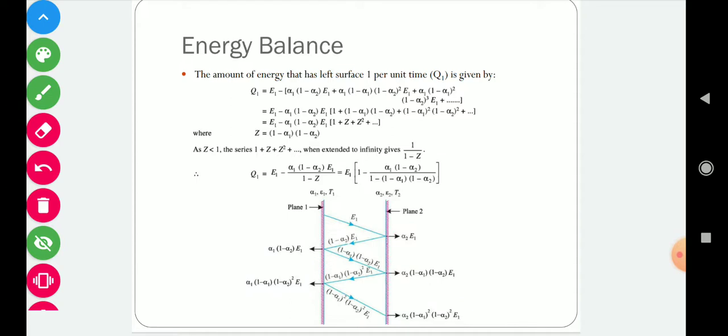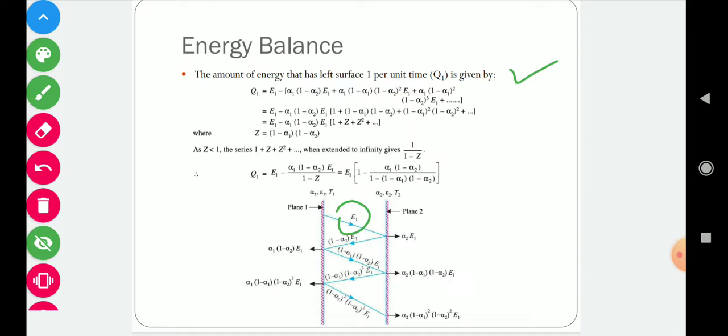So if we apply energy balance, then the amount of energy that has left surface 1 per unit time is given by this E1. E1 is the amount of energy which leaves surface 1. This is the total amount of energy.